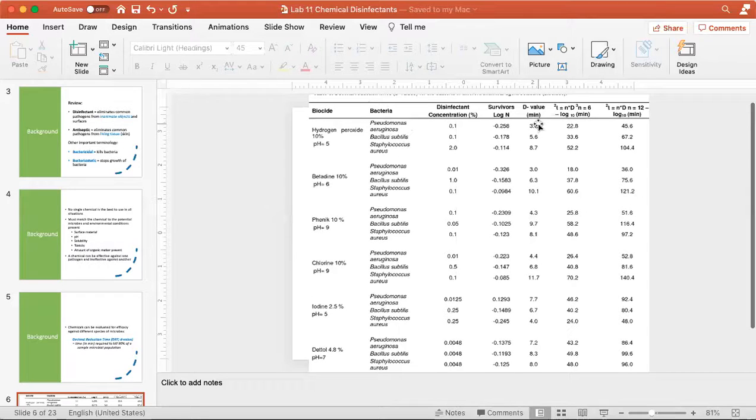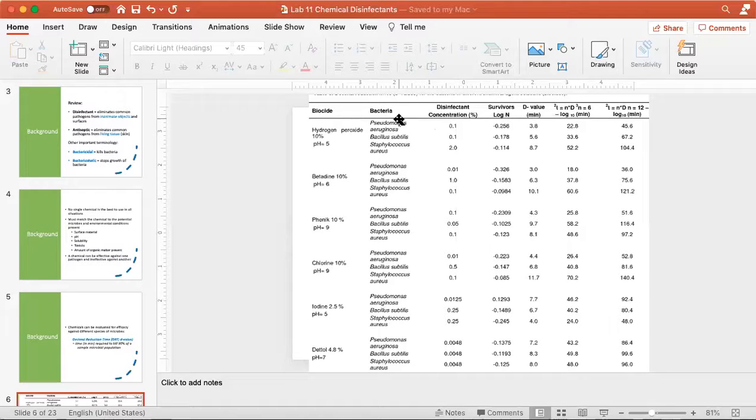And that means that it takes 3.8 minutes of exposure to hydrogen peroxide for 90% of the Pseudomonas aeruginosa to be killed. So if I started off with 100 cells on my countertop and I applied some hydrogen peroxide, I would have to leave the hydrogen peroxide for 3.8 minutes in order to kill 90 of those cells.